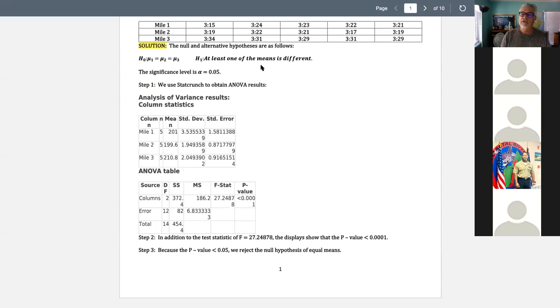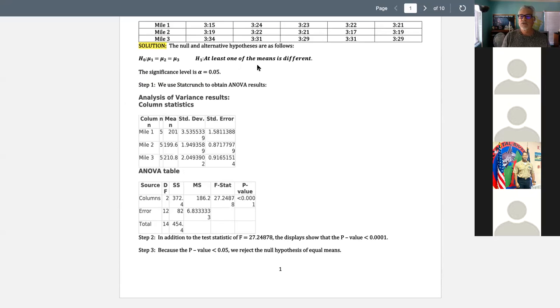Well, what is the alternative here? If we reject the null hypothesis, the alternative is that not all the means are the same, or at least one of the means is different. So one of the things we're going to do here is try and interpret the result.